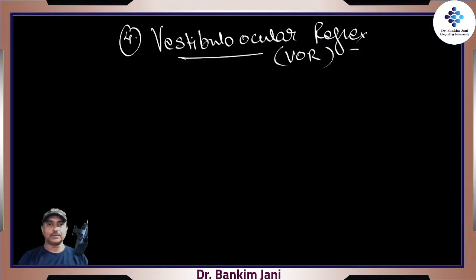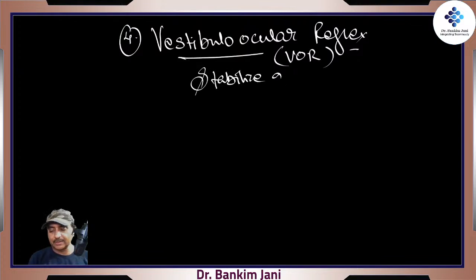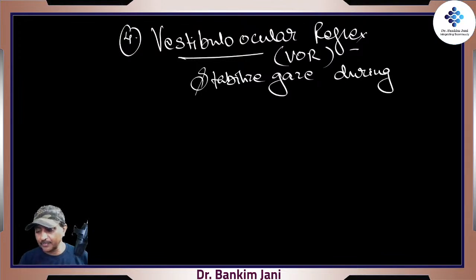As I start moving my head, I'm still watching towards you. My head is almost on this side, but still I'm watching towards you. And as I move it to the opposite side, still I'm watching towards you. This is what is called the vestibular reflex. It means you are stabilizing gaze. Gaze means nazar, vision. You stabilize gaze during head movement.